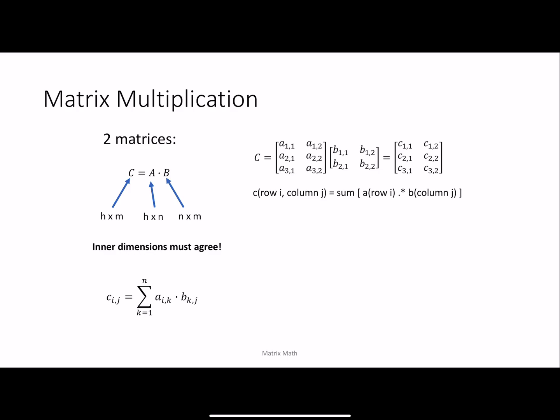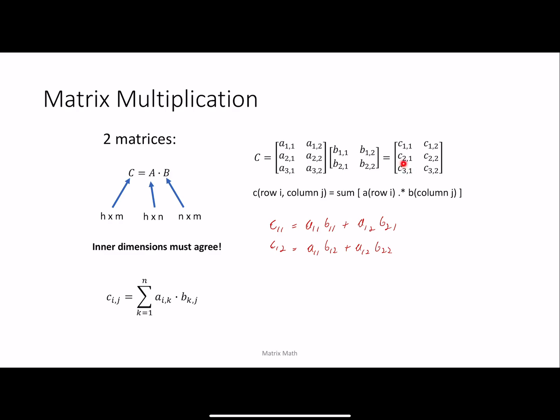So we can write, for example, C11 in this case will be A11 times B11 plus A12 times B21, right? Let's look at C12 here, and that will be equal to A11 times B12 plus A12 times B22. Let's do one more example here.